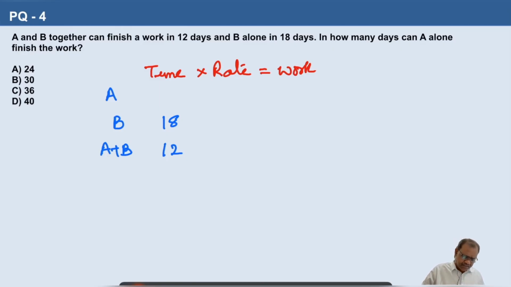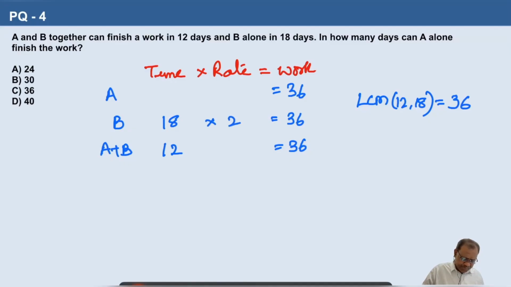Same procedure, find the LCM of 12 and 18. So LCM of 12 and 18 is 36. Total work is 36 units. 36 is divisible by 18 2 times. Divisible by 12 3 times. So the rate of A and B together is 3 units per day and B alone rate is 2 units per day.